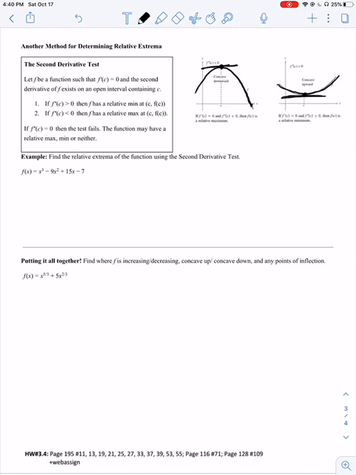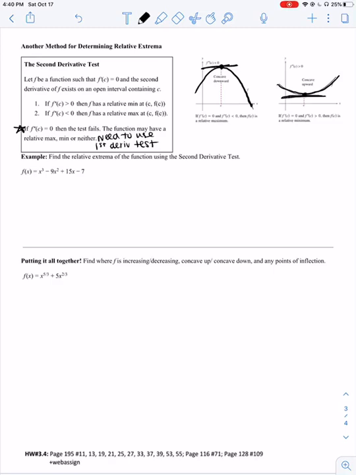So let's practice this. Oh, and this is also important. If the second derivative ends up equaling 0, then this test fails, and so you would need to use the first derivative test. The reason you would use the second instead of the first is sometimes it's faster.